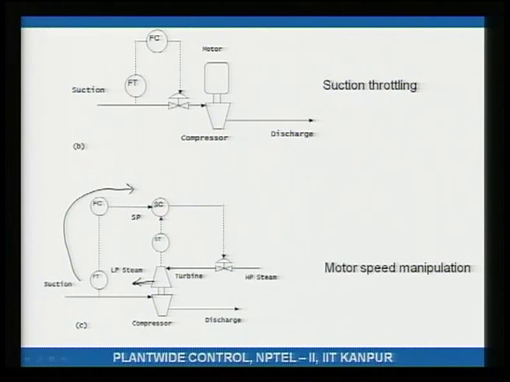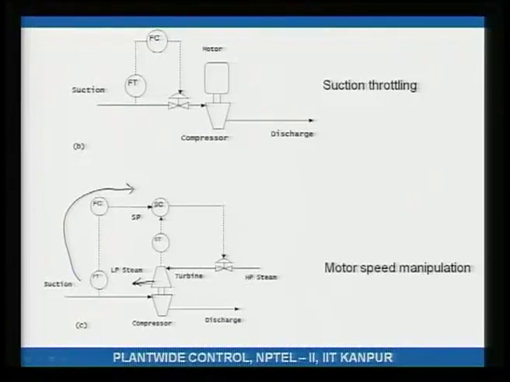If the flow through the compressor is increasing, what that means is the compressor is rotating at too high a speed, so that more material is getting processed. The flow controller will say, too much feed is being processed, I need to reduce the feed flow, so it will reduce the set point to the speed controller. So, this set point will go down.